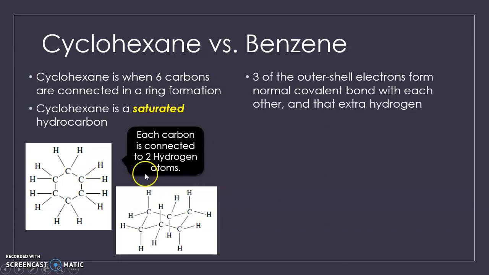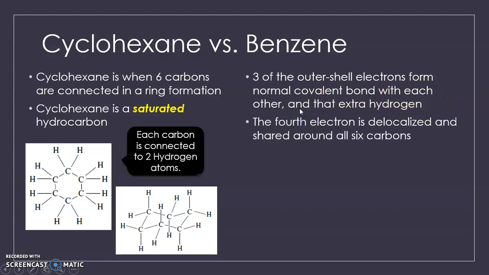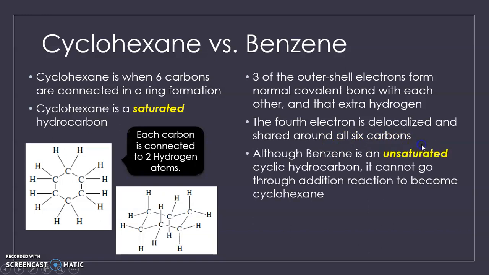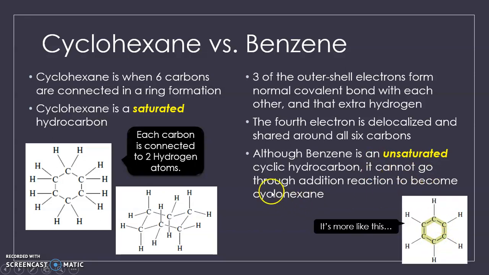But in the case of benzene, 3 of the outer shell electrons form normal covalent bonds, with each other and with that extra hydrogen. But the 4th electron is delocalized and shared among all 6 carbons. So although benzene is an unsaturated hydrocarbon, it cannot go through addition reaction to become cyclohexane.